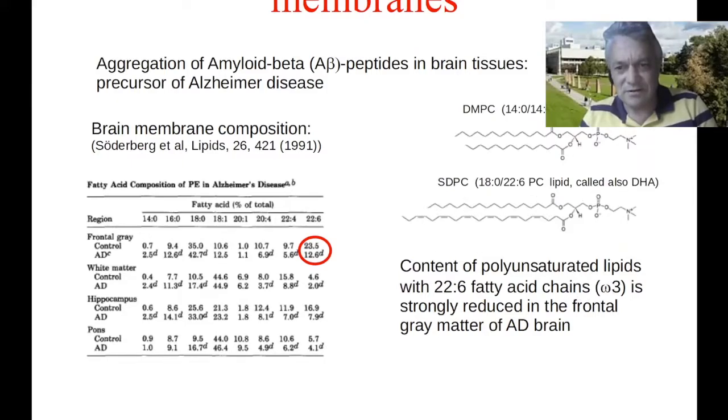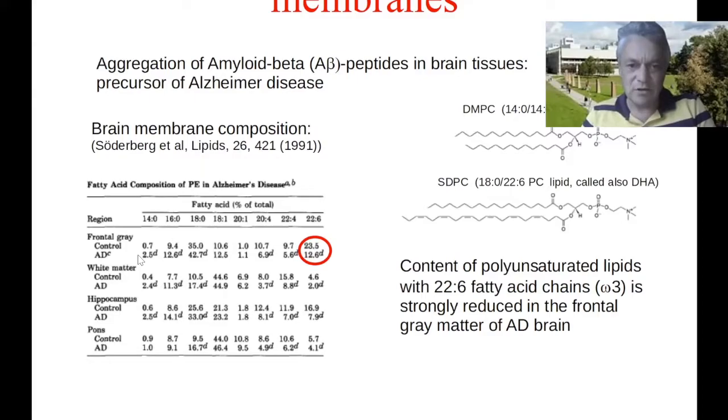Its structure is shown here, and it contains a lipid tail with 22 carbon atoms and 6 double bonds, that is, a polyunsaturated fatty acid. On the other hand, it has an increased content of saturated lipids.